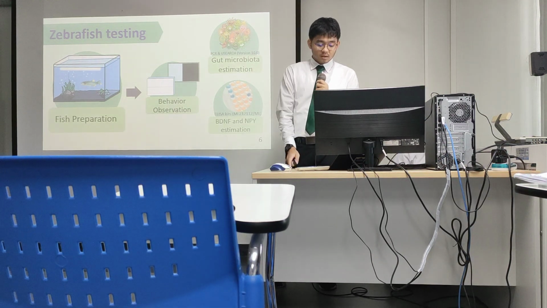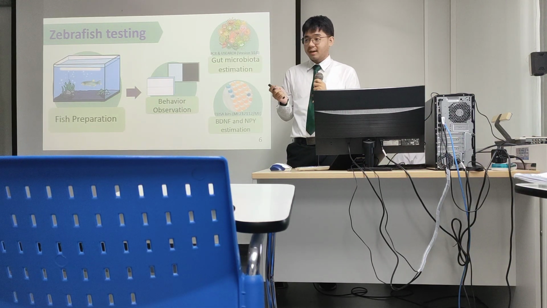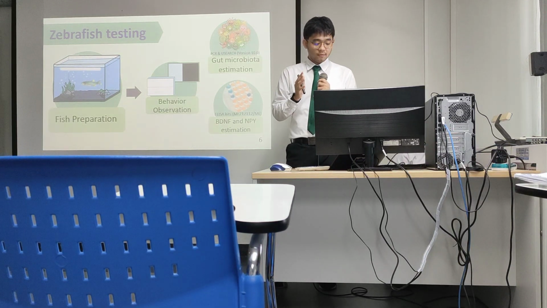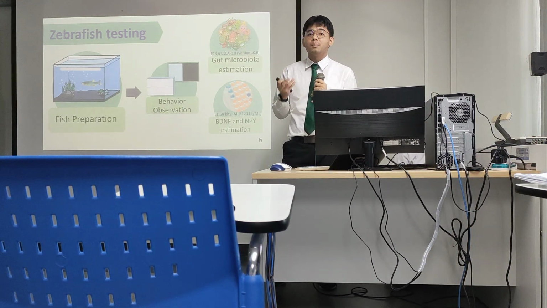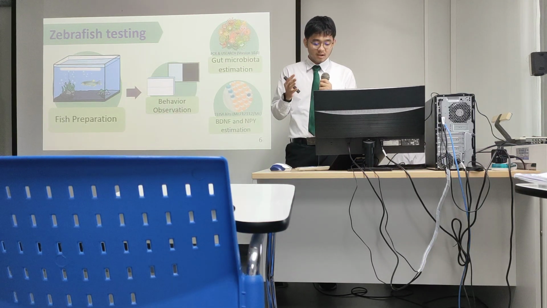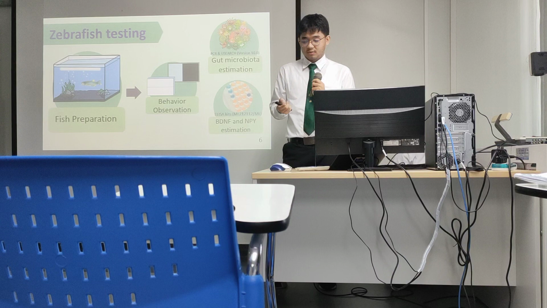The last one, BDNF and NPY, are brain proteins: brain-derived neurotrophic factor and neuropeptide Y. They collect the brain tissue and quantify them with an ELISA kit.